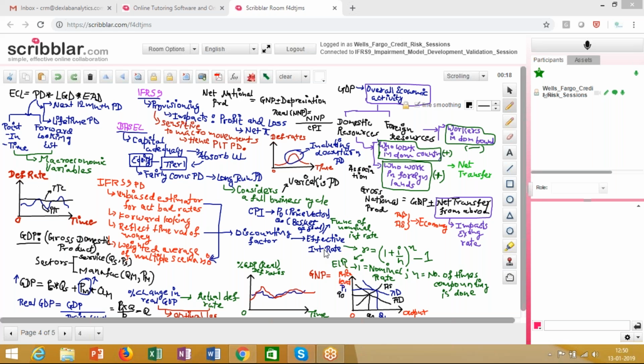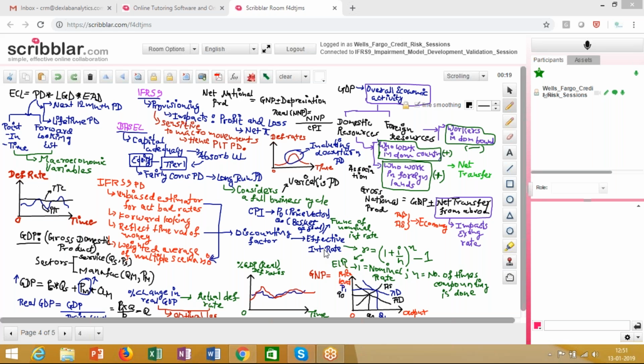So basically, I'll first be talking about a theoretical model, the theoretical framework. Once the theoretical framework is sorted, then we'll talk about the macroeconomic variables, and then the econometric or the modeling side of it. We'll first use these two variables that we have discussed.